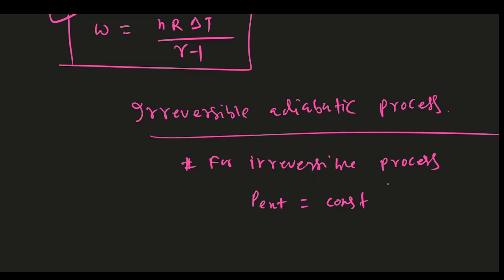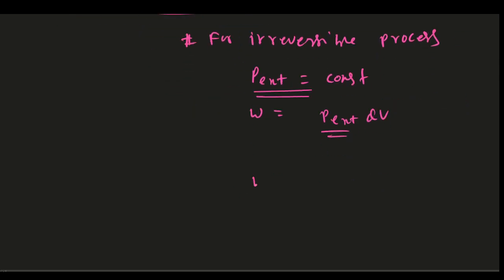So suddenly we are decreasing the pressure. So within one step we are doing it, so at that time P external is going to be constant. So for the work expression, if we say P external dV, so this P external is constant for the irreversible process. So if P external is constant, then we have no problem, because P external is constant and dV, right?